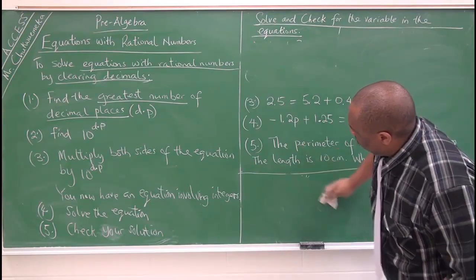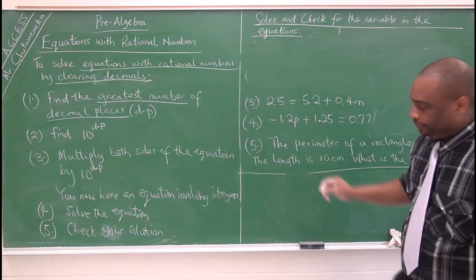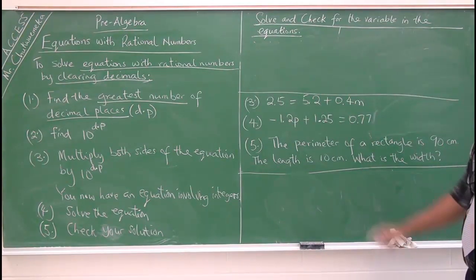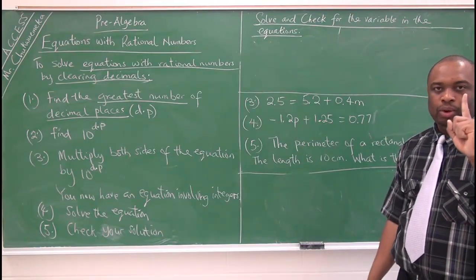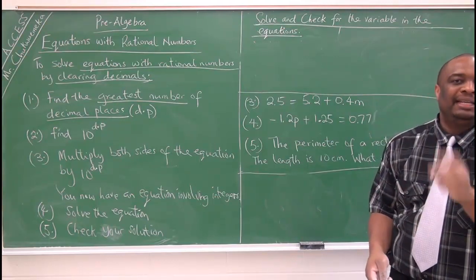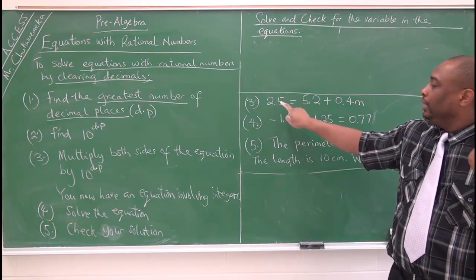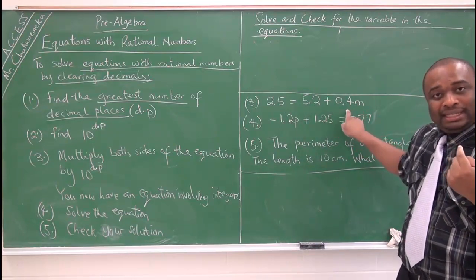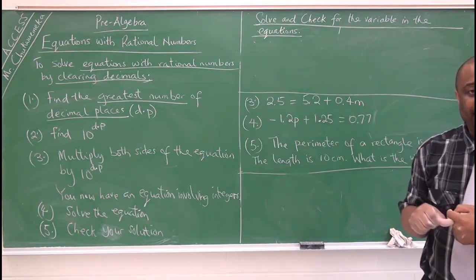Okay, so if we look at number 3, let's start from the left-hand side, 2.5. How many decimal places? 1 decimal place. Decimal places are just the numbers you find after the decimal point. This is 1 decimal place, this is 1 decimal place, and this is 1 decimal place that has the variable we want to find.